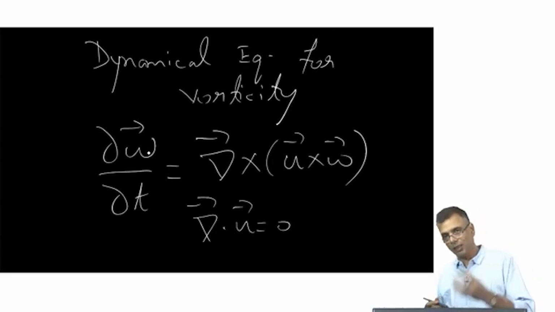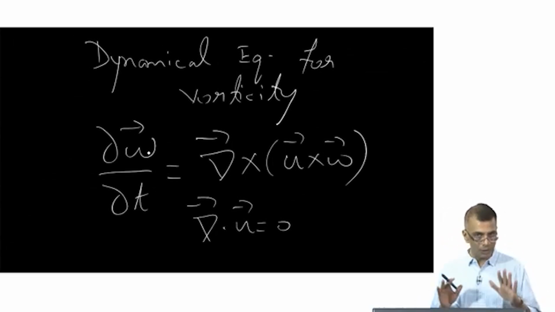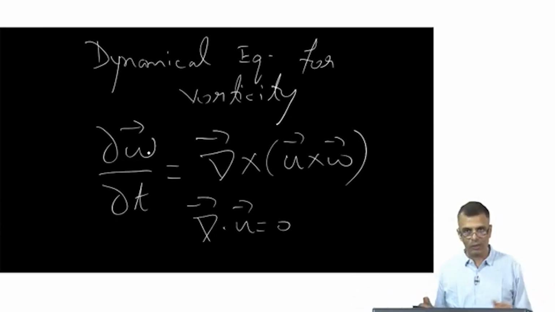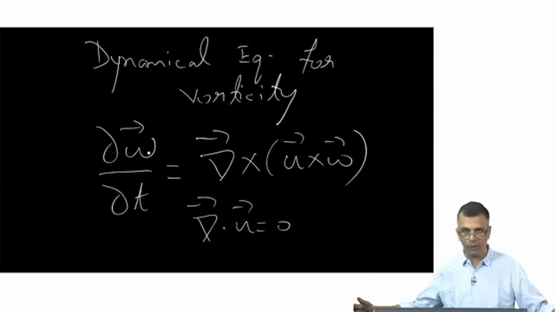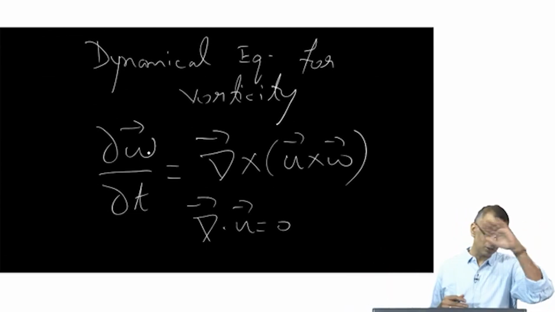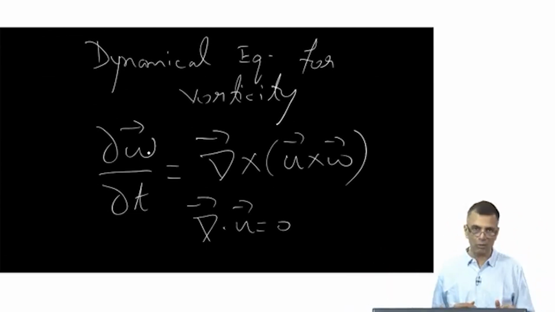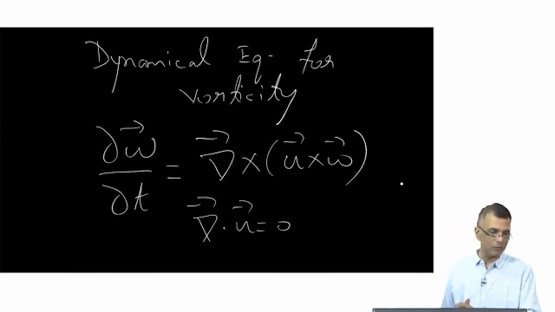Specifying both the divergence and the curl of a vector field completely specifies it for certain, for well-behaved fields which die off nicely at infinity, or if you're not willing to consider boundary conditions at infinity, you have to specify both these equations on the boundary, subject to those caveats. It's a well-known fact that specifying the curl and divergence of a well-behaved vector field specifies it completely. So it's in that sense that we say that the entire velocity dynamics is completely specified by the dynamical equation for vorticity.